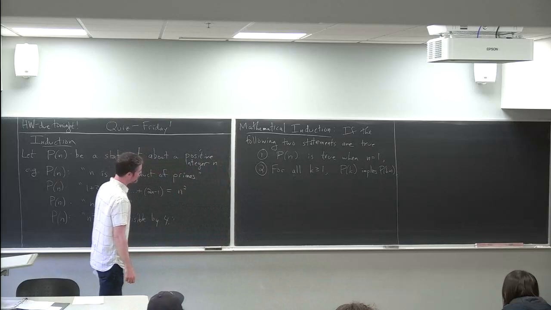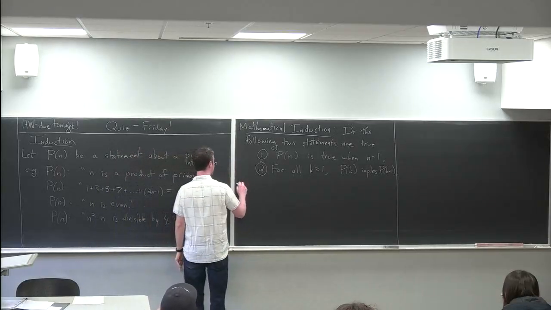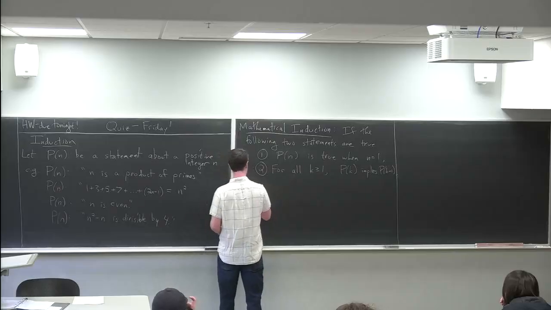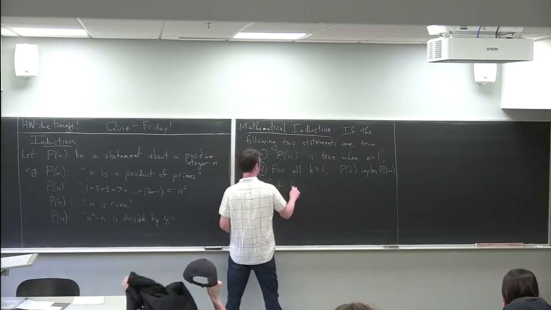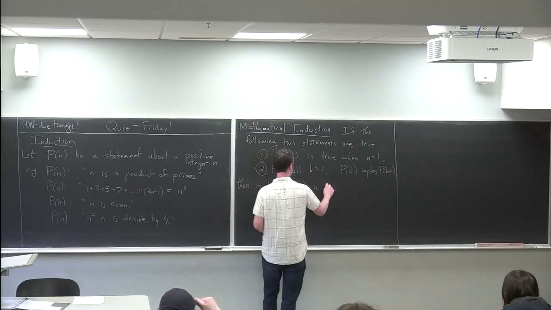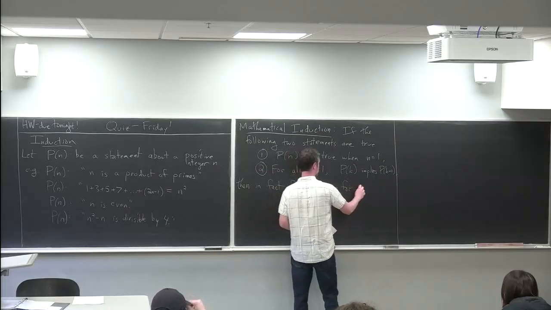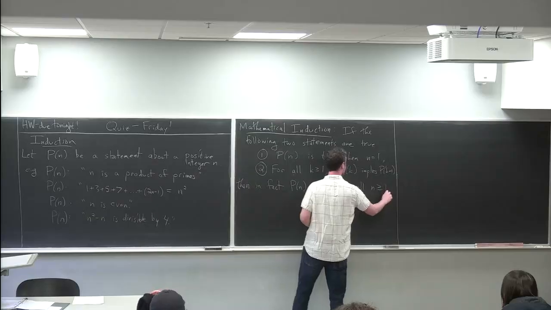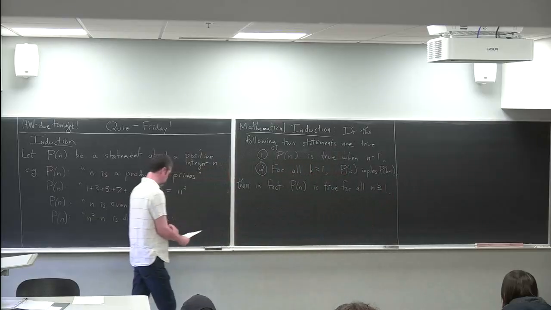So if you know that 1 and 2 are true, then the conclusion, in fact, is that P of n is true for all n greater than or equal to 1. Okay.